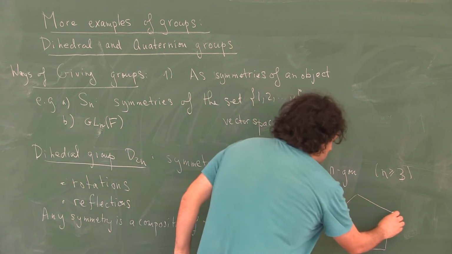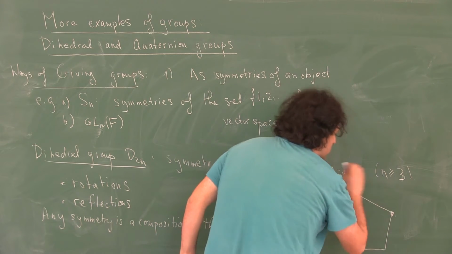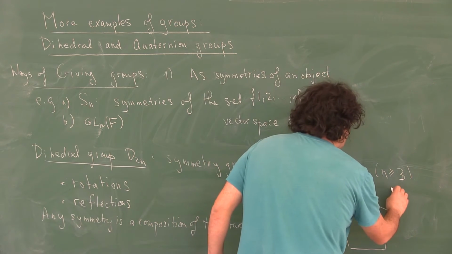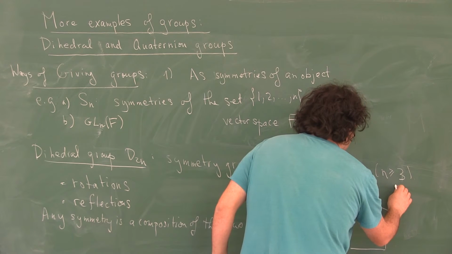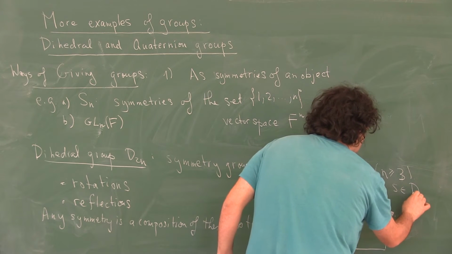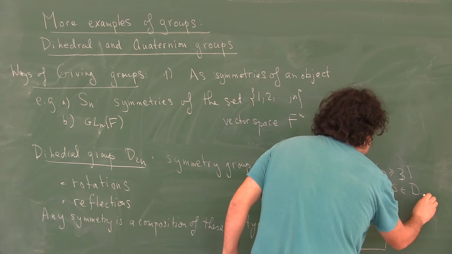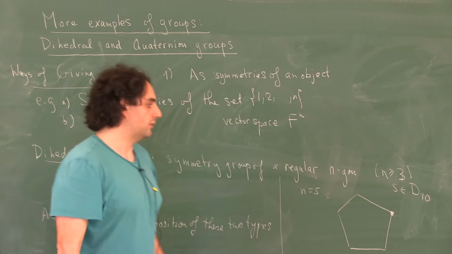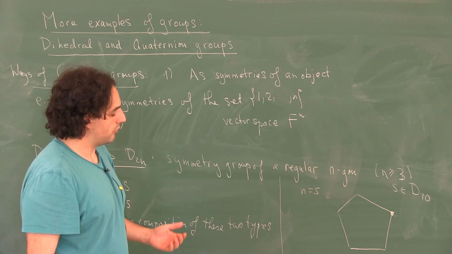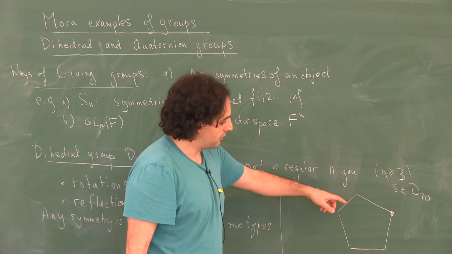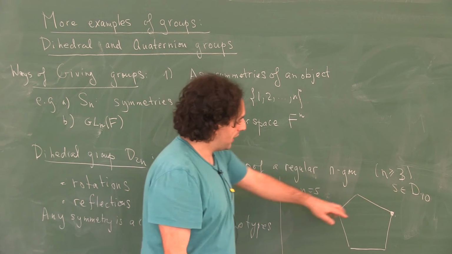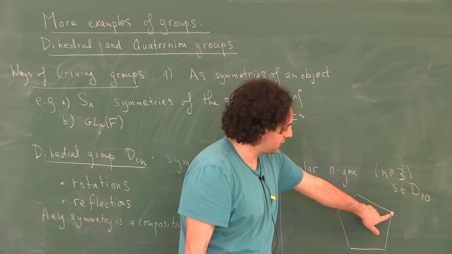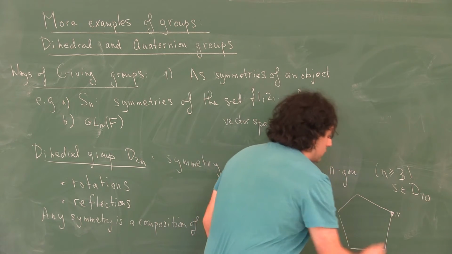So now let me take a vertex, maybe this vertex V, and suppose I have an element S, a symmetry in this dihedral group, n equals 5. So this is D10.